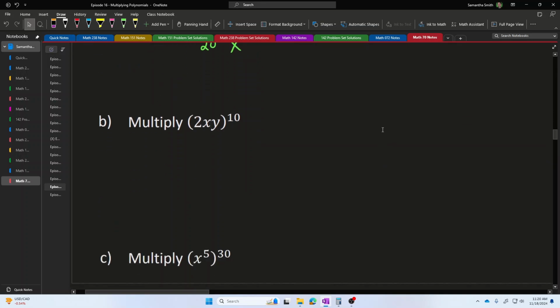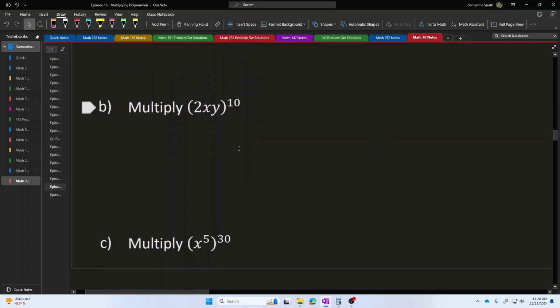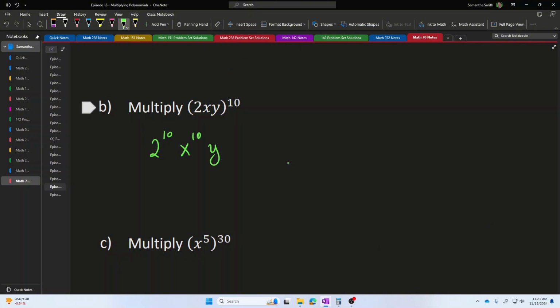For example, here, I do not want to have to write out 2 times x times y 10 times and multiply them all together. That's a lot of writing. Instead, I will just use the property that if you have a product 2 times x times y, and you're raising that product to a power, then you can just apply that power to each piece of the product separately. 2 to the power 10, x to the power 10, and y to the power 10.